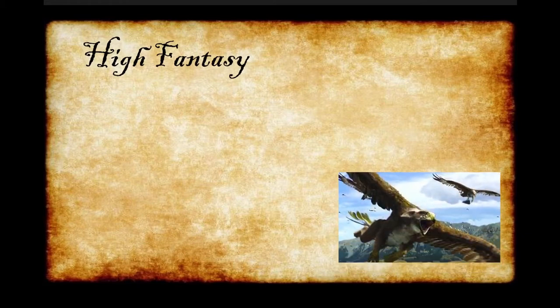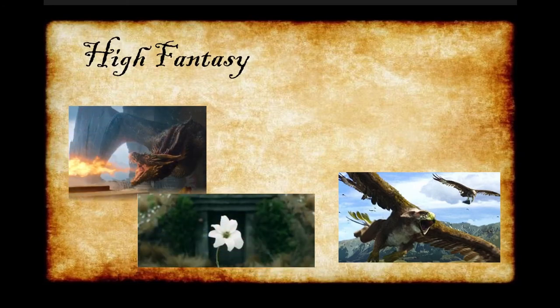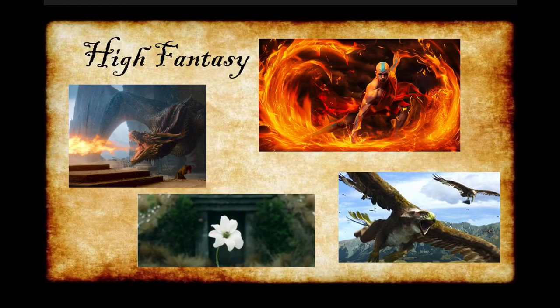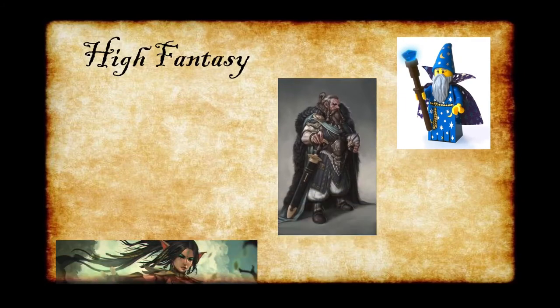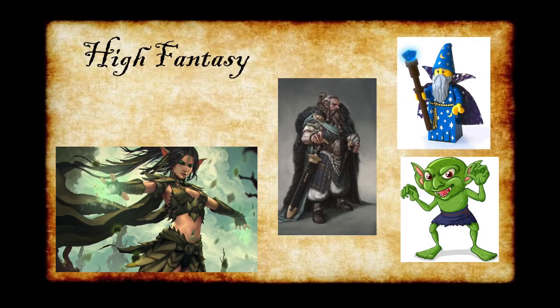The first subgenre which I tend to think of for fantasy is high fantasy. This is fantasy which takes place in a made-up, fictional world where various things might be different to our own reality, such as the animals and plants present, the rules of physics in regard to magic or flight, for example, and the races which exist. Many fantasy staples, such as wizards, dwarfs, elves and goblins, are often present in high fantasy, sometimes with a detailed backstory and origin mythos.